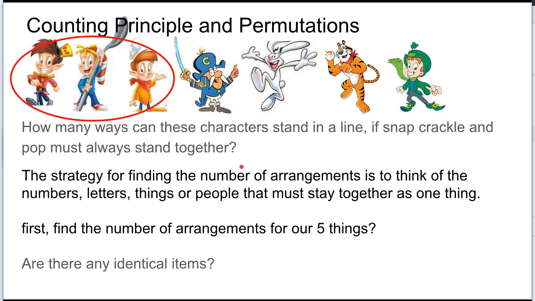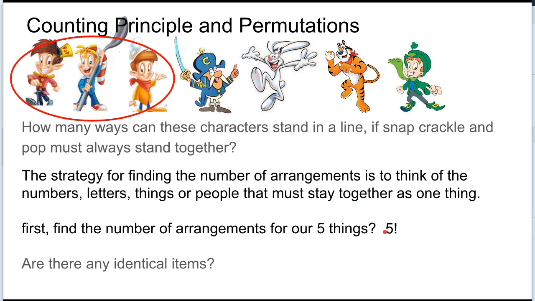Okay, so you'll notice now I've got 1, 2, 3, 4, 5 things. So what I want to do is find the number of ways I can rearrange the 5 things. And in this case, are there any identical items? Well, no, none of these guys are identical. And so it would look like this, 5 factorial.